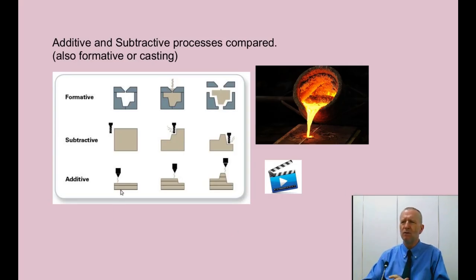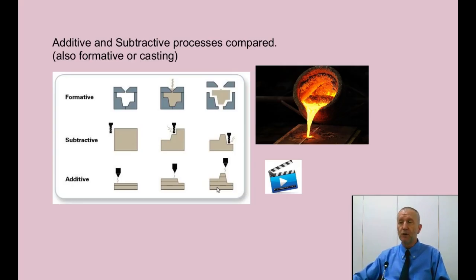As far as I know, every additive process or 3D printing process starts at the bottom and builds up, layer by layer. And it adds those layers, and each layer, as you can see, is a different shape until we get the final shape that we desire.